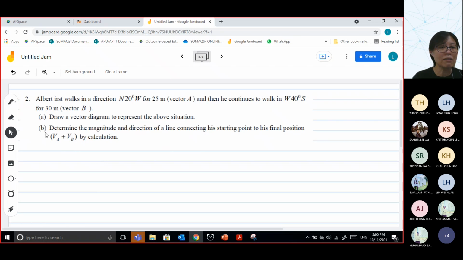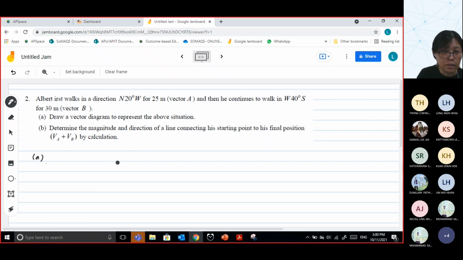Okay, so now let's look at the vector diagram to represent the above situation. Let's draw out the two vectors here, vector A and vector B. If I present vector A and B in the same diagram, it may look like this.